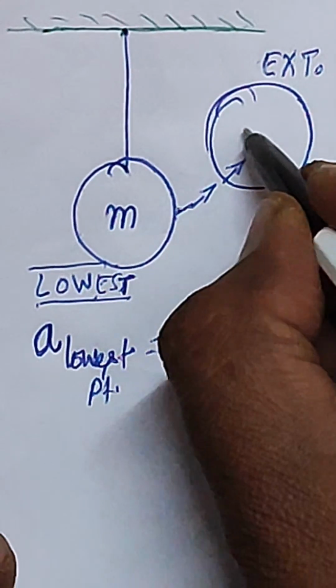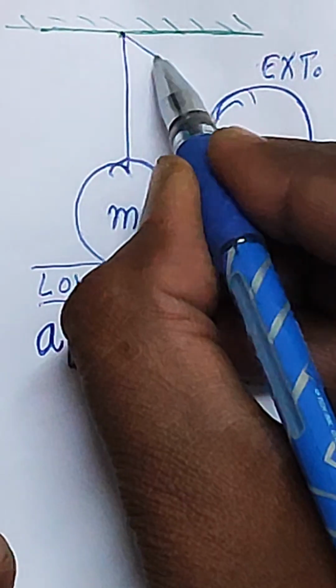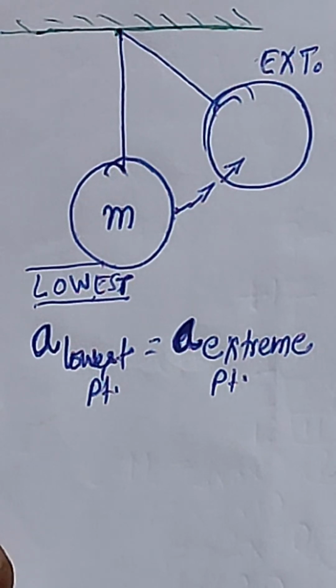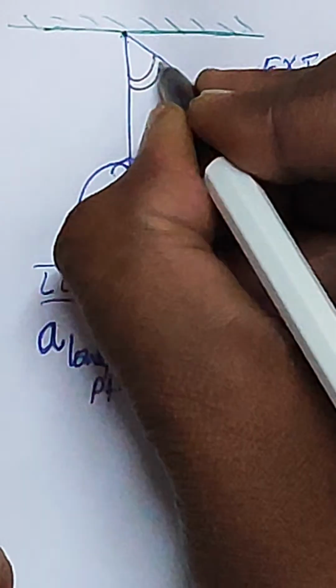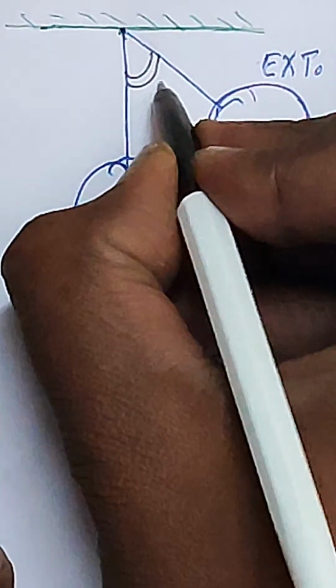Definitely the thread will be like this when the ball or the mass reaches the extreme position. In this case, let us assume the angle of deflection is equal to alpha.